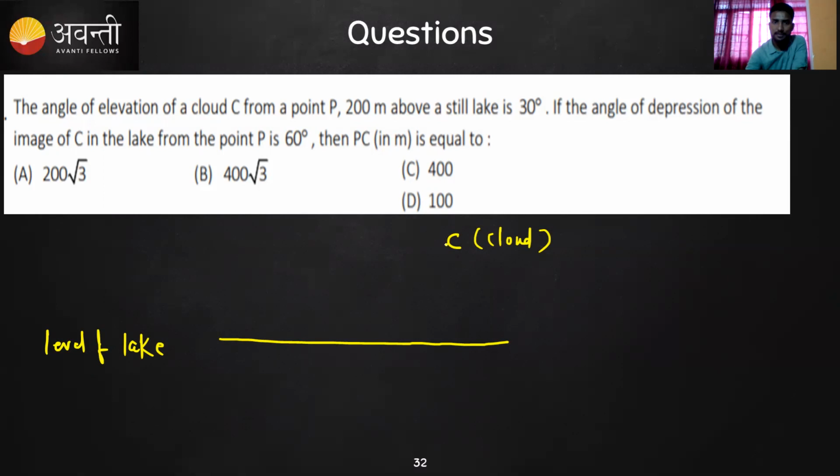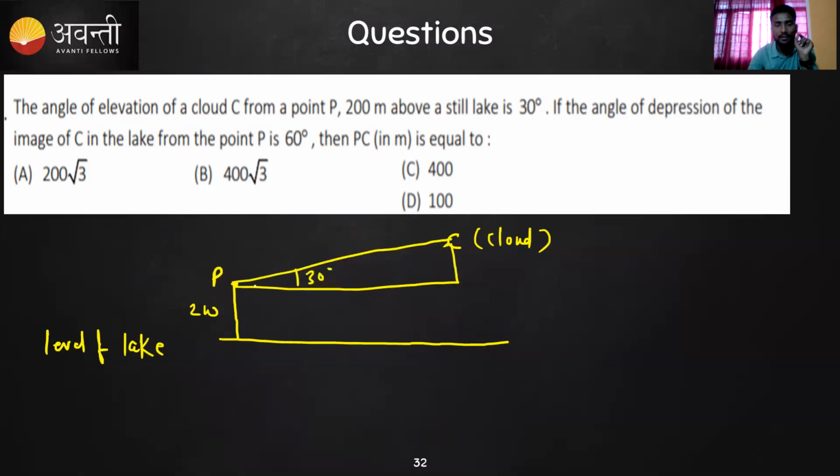So this is basically the cloud, and it is saying the angle of elevation of this point C from a point P, which is basically 200 meter above this. So basically what it is saying, this is 30 degree angle of elevation from point P to the point C, that is the cloud.